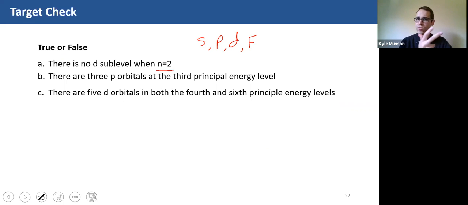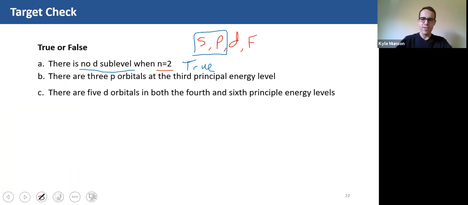So when n is equal to 2, we can only have 2 sublevels, and so you only pick the first 2. You always go S first, that's 1, then P second, then D is third. So it is true: there are no D sublevels when n is equal to 2.